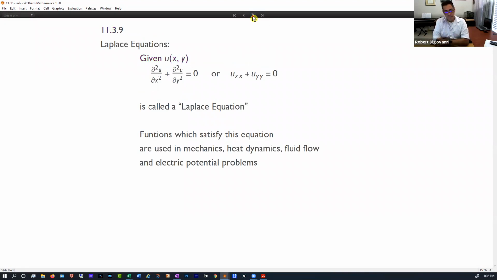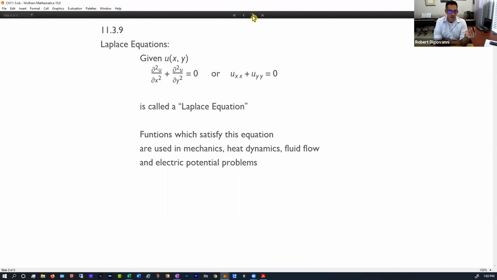So the next quick topic is an application of partial derivatives. This shows up later on in differential equations. You will see Laplace equations, and all a Laplace equation is, is an equation, just like x squared minus 4 equals 0 is a quadratic equation.